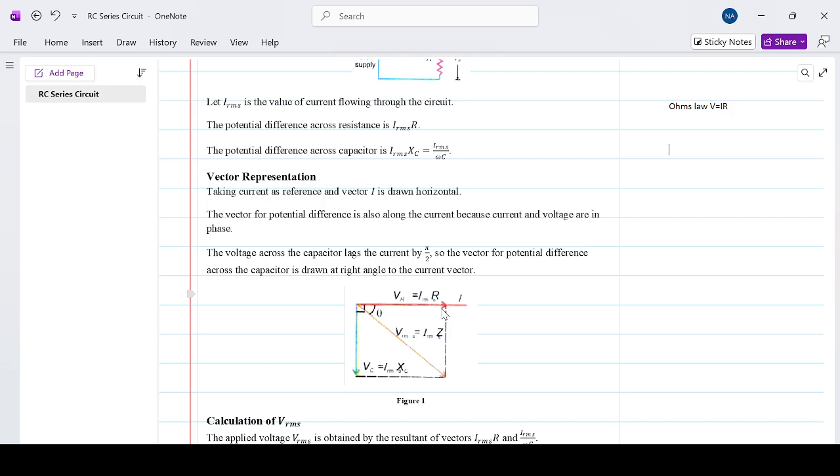In this figure, it is represented by a green vector vertically down, and actually it is pi by 2 behind the current.